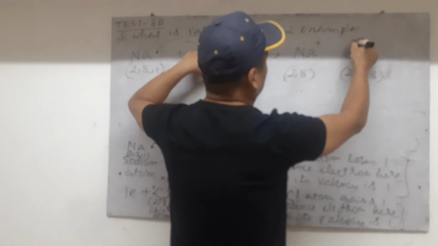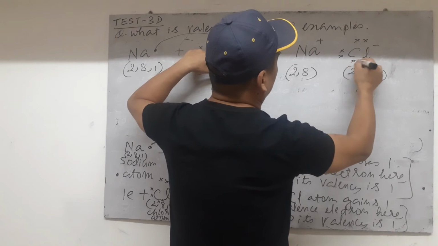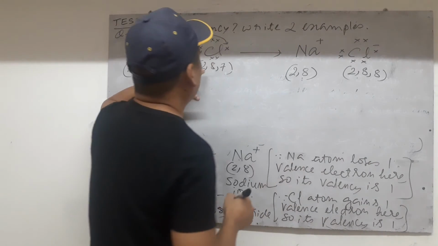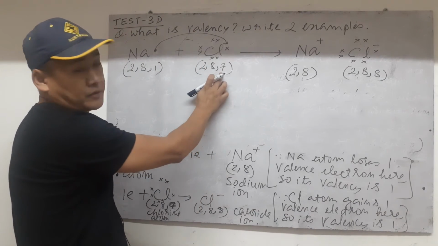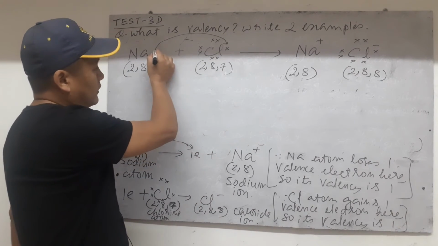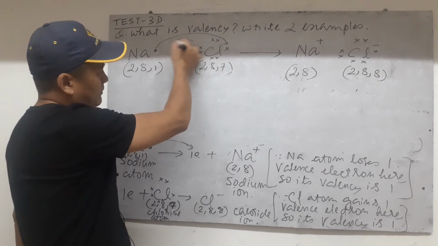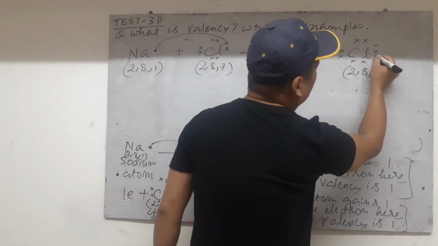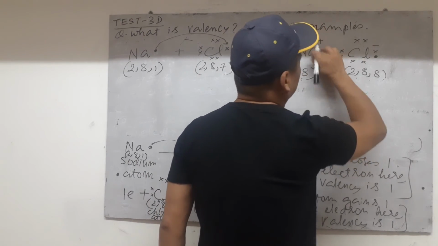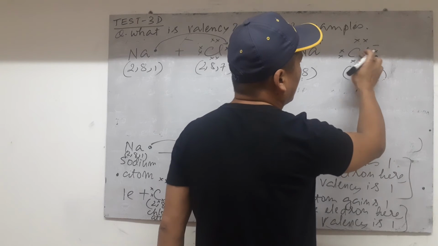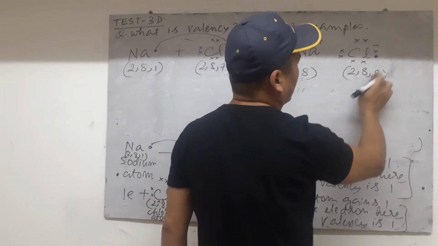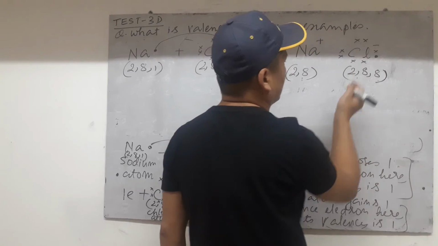How does that happen? 1, 2, 3, 4, 5, 6, 7. The chlorine atom has only 7 valence electrons, but this dot electron, given by sodium, is gained by chlorine, so it has taken 1 extra. Therefore 1, 2, 3, 4, 5, 6, 7, 8, and it has a negative charge.